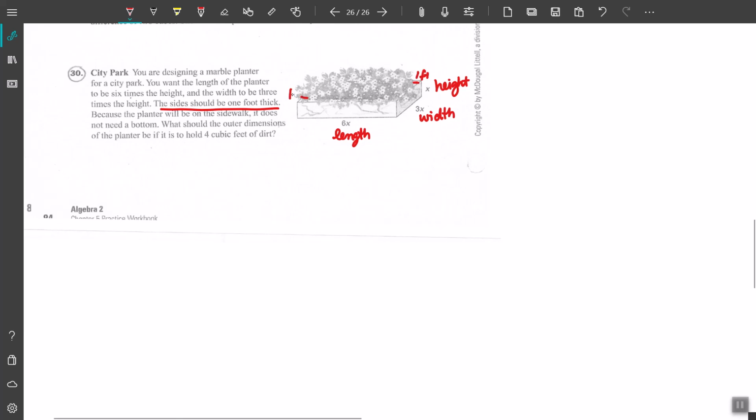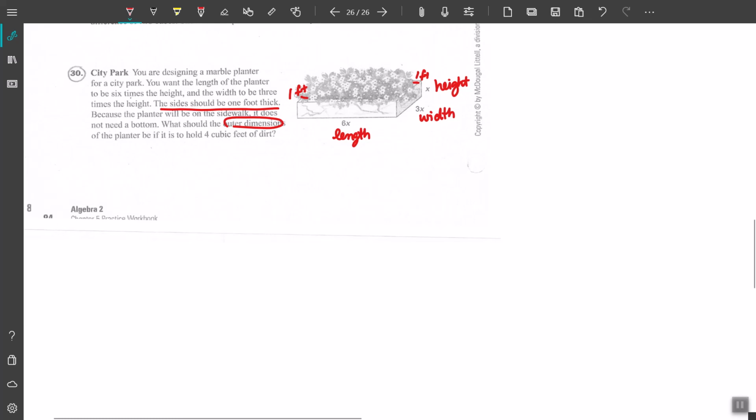I mean, everywhere around this planter, you've got this thick 1 foot wall. They told us in the problem that they want us to solve for the outer dimensions. So they want us to tell them the outer length, the outer width, and the outer height.